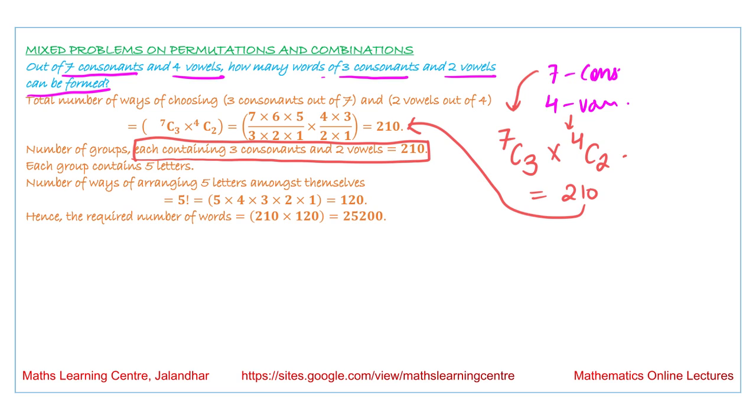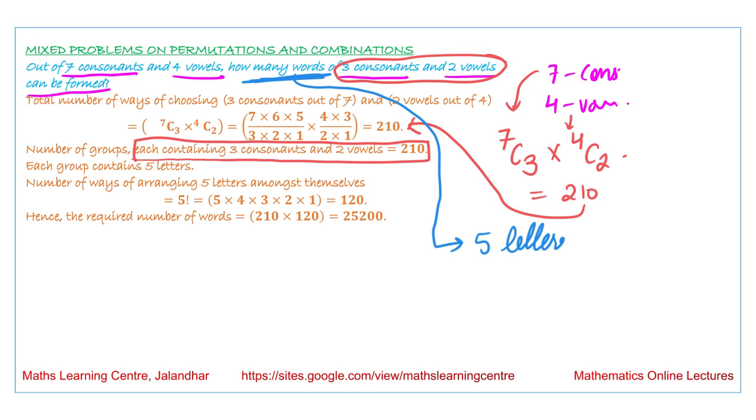Now after choosing these 3 consonants and 2 vowels, we have to construct the words. Now we have 5 letters. We can choose these 5 letters in 210 ways. From these 5 letters, there are 5 factorial arrangements that can be formed.